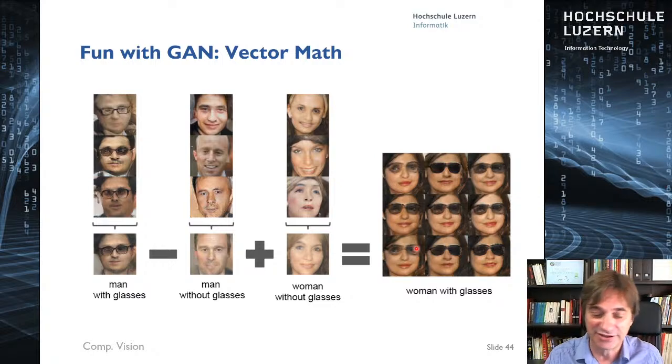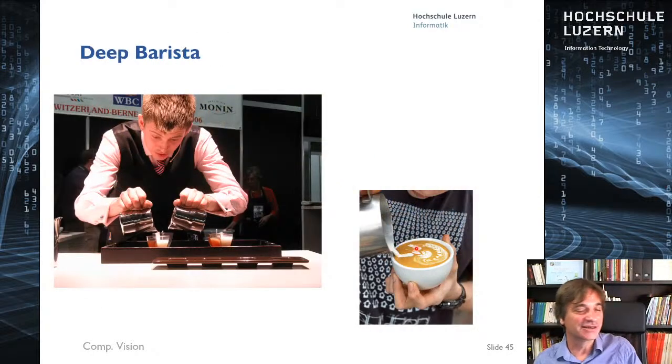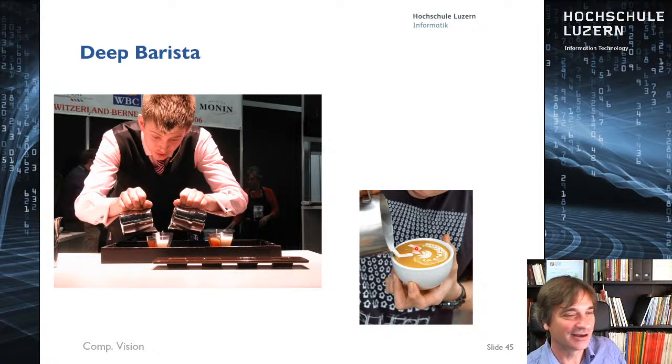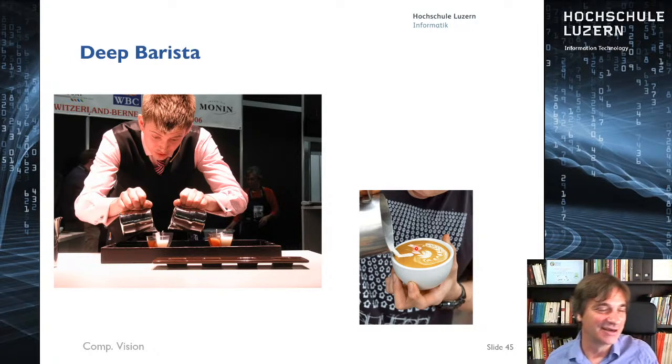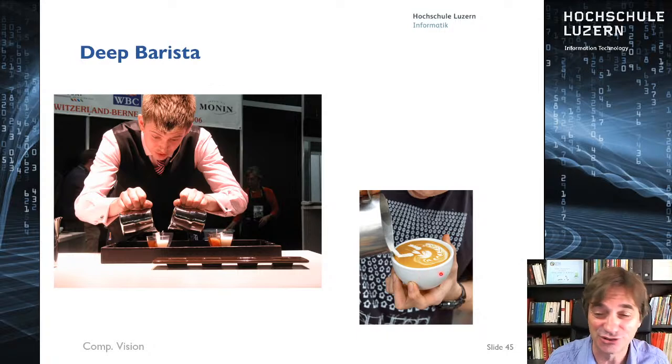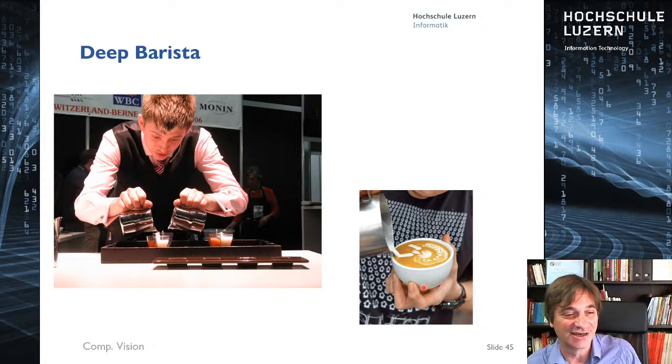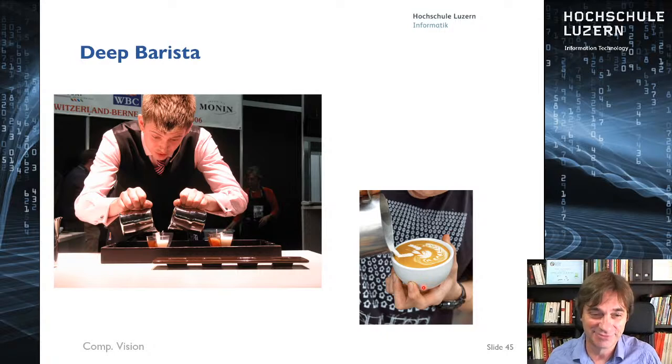We had internally one project with GANs. We were asked by some baristas who have to come up with new images, so ideas, images to put on their coffee. Usually they're quite exquisite here, what they can generate with milk and coffee on your coffee cup.